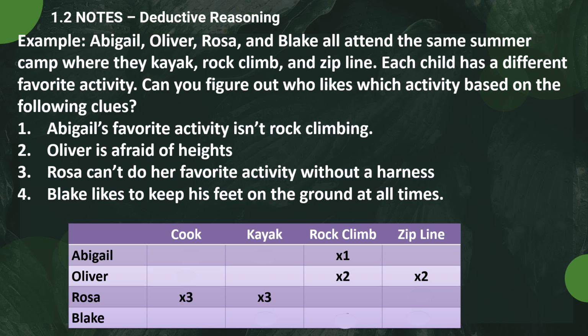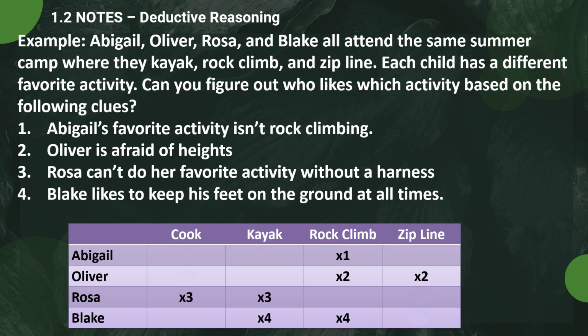All right, now Blake, here's number 4. Blake likes to keep his feet on the ground at all times. All right, so let's think what that means. If he likes to keep his feet on the ground at all times, then he definitely cannot kayak, because you don't have your feet on the ground all the time.